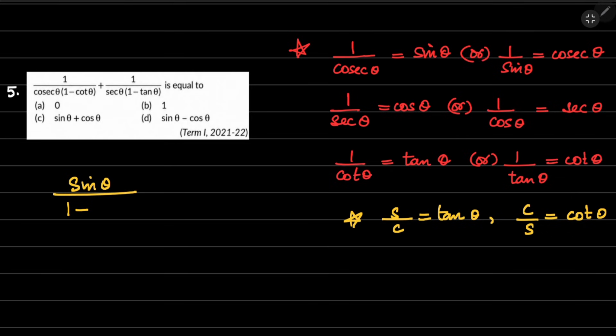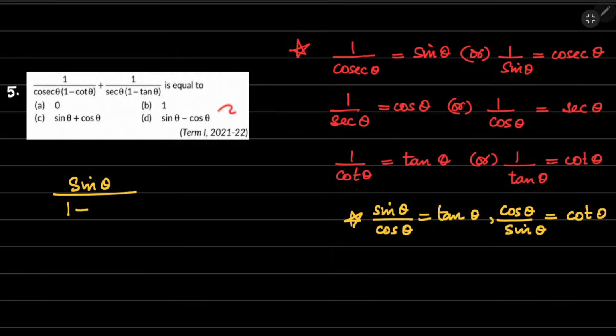If you are asked to write tan in terms of sine and cos, remember tan theta is equal to sine by cos. Let me elaborately write sine theta by cos theta is equal to tan theta, and cot is the reciprocal of tan. So you have to flip the numerator and denominator. Cos theta by sine theta is equal to cot theta. So whenever you are asked to express tan or cot in terms of sine and cos, you can definitely write tan as sine by cos, cot as cos by sine.